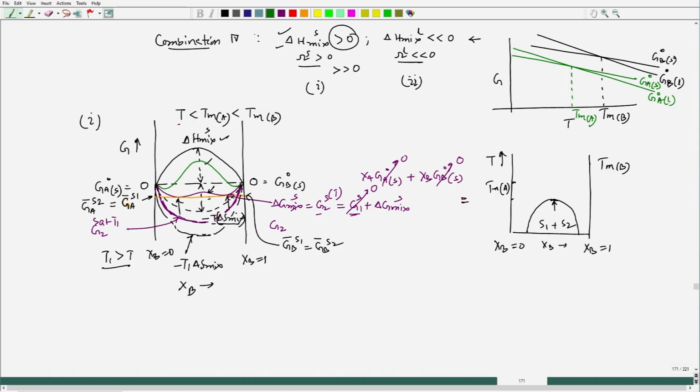So, if I decrease the temperature, this dotted minus T del S mix will further shift upward, but still it will be convex downward, and del H mix for solid will be felt more in the variation of delta G mix of solid or G 2 mix of solid. Okay.